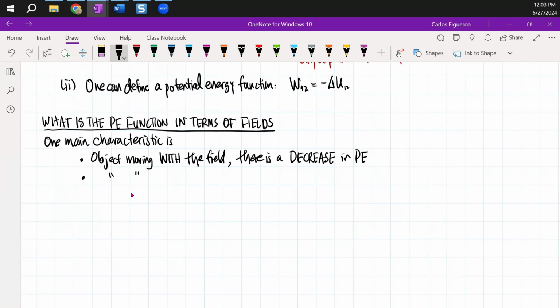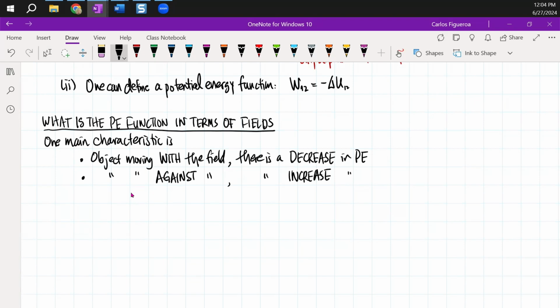On the other hand, if I have it moving against the field, then instead of a decrease, it's an increase of potential energy.